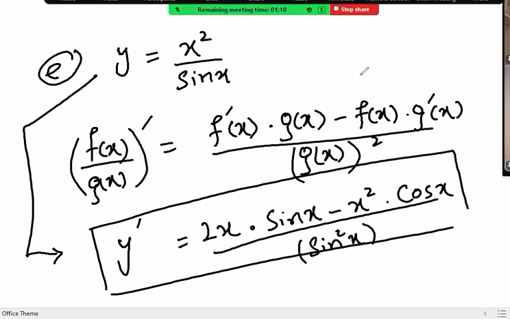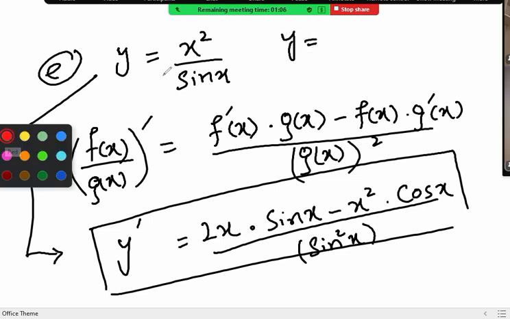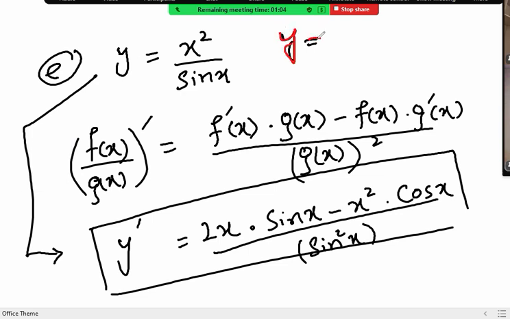If you are given, let's say, y equal 2x square plus x power 3 divided by x, will you use the quotient rule or will you solve it normally? I think in this one you can get rid of the x at the bottom because you can take an x out.